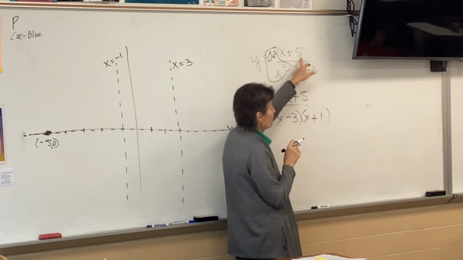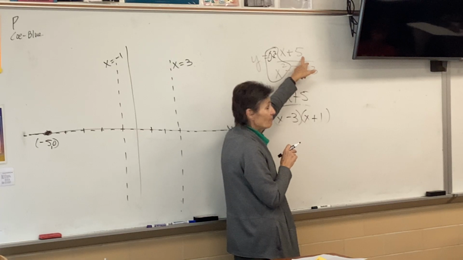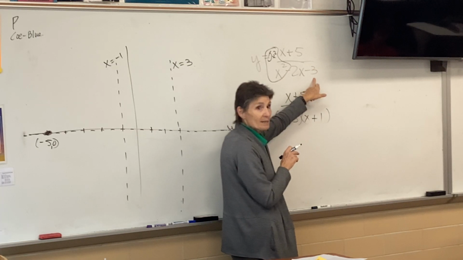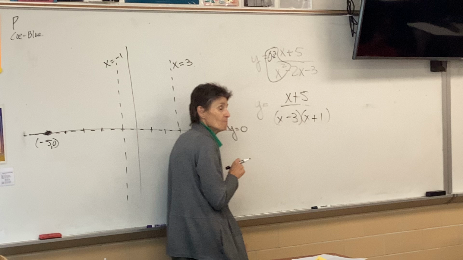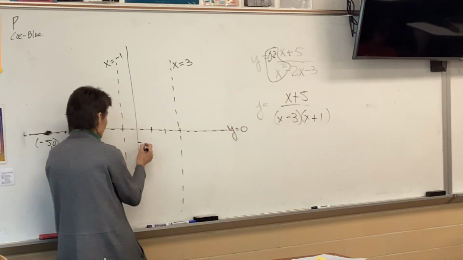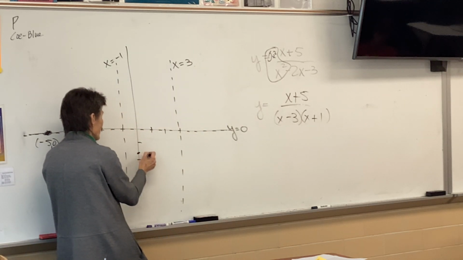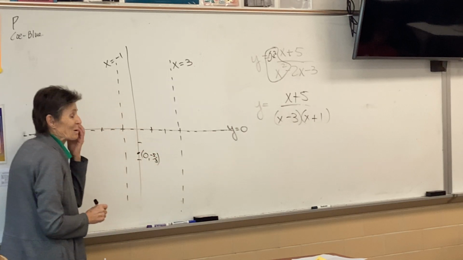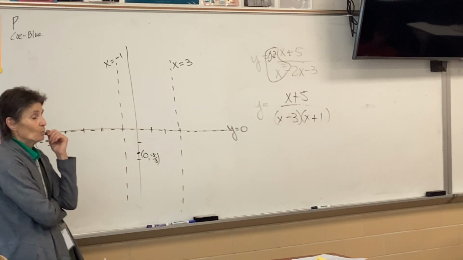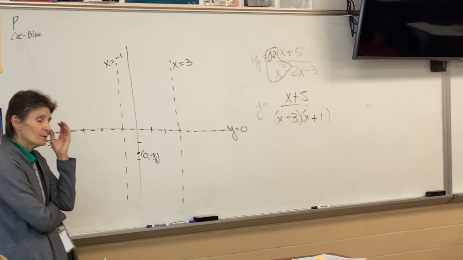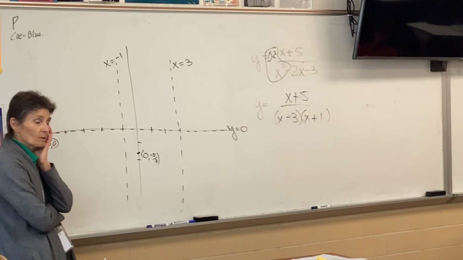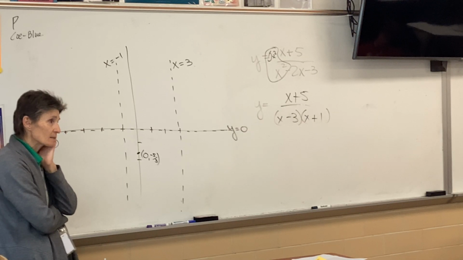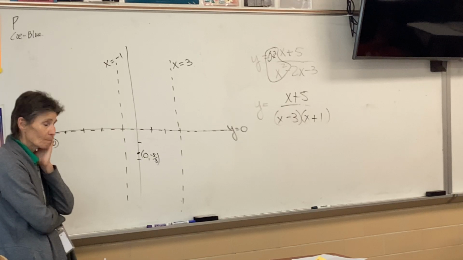If I put in a 0, my top is 5, and my bottom is -3. So 5 over -3 is like -1 2/3. And you will have a baby calculator, so if you need to do a decimal in order to plot that, that's fine. It's -1.67.